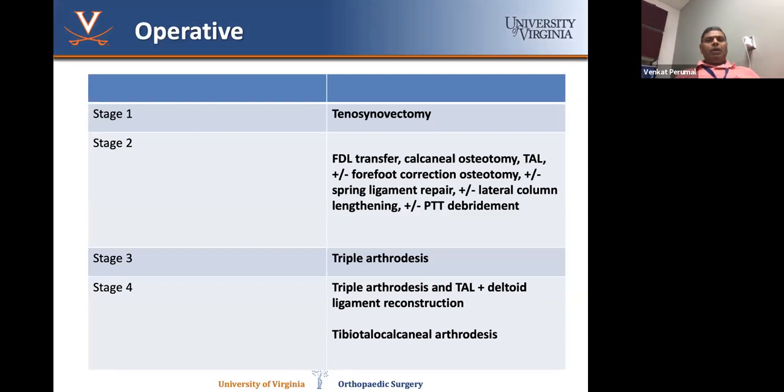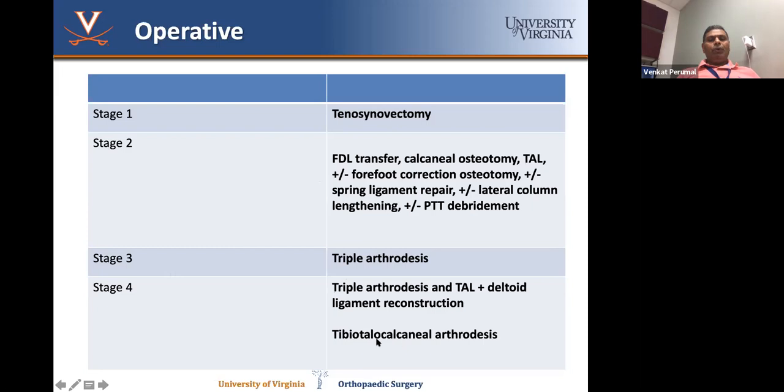Just going over the operative management again: stage 1, we don't do anything, it's mostly orthotics. Stage 2, depending upon what the deformity is, we can correct the hindfoot with a calcaneal osteotomy and the forefoot with a lateral column lengthening. And of late, we are seeing more and more emphasis on spring ligament repair. Stage 3, triple arthrodesis.